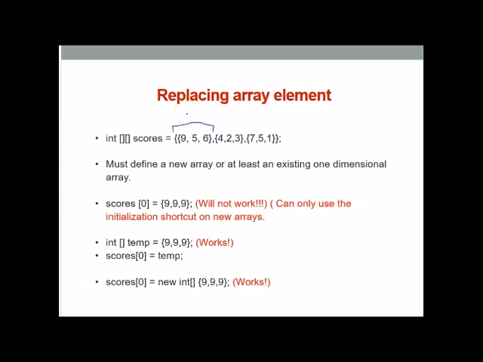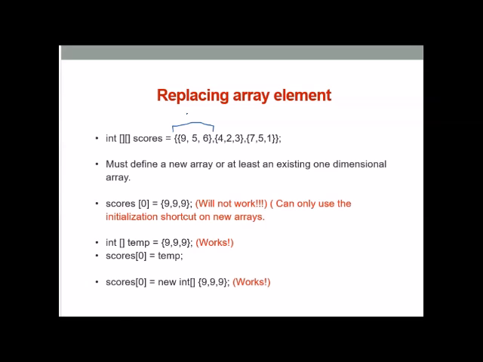That's scores[0]. If I wanted to just set that to {9, 9, 9}, this will not work, because this is just literally what the array should be, but arrays are objects. So if this is a new array, then we need to use the new keyword. So instead, I would either do int[] temp = {9, 9, 9}.